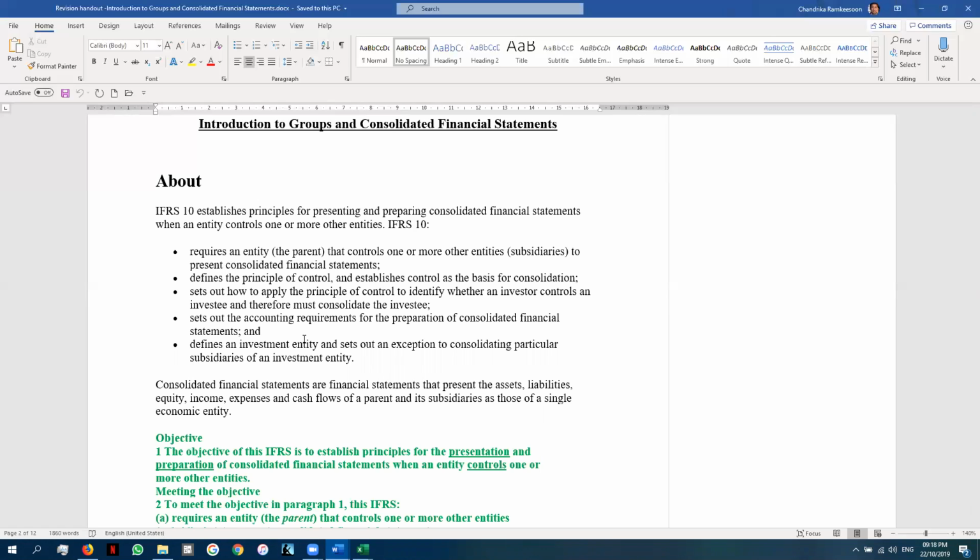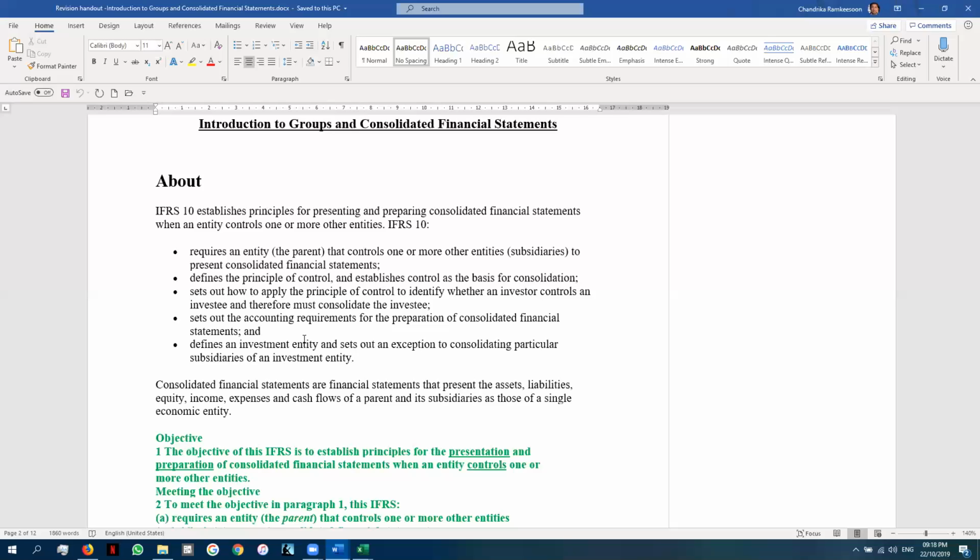Firstly, IFRS 10 requires an entity, the parent, that controls one or more other entities, subsidiaries, to present consolidated financial statements. Now, whilst it is possible you may encounter a situation where a parent has two subsidiaries, the more than likely scenario is where a parent has one subsidiary, which makes it a parent, and also an associate investment. And you may have to deal with those three, which of course we look at.